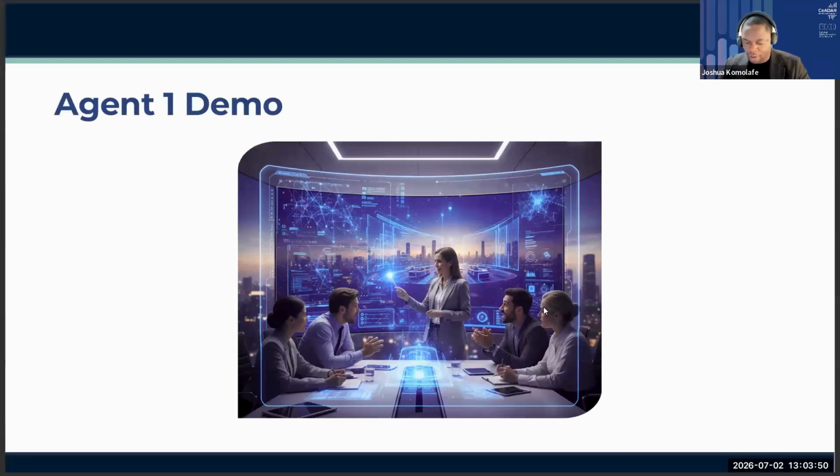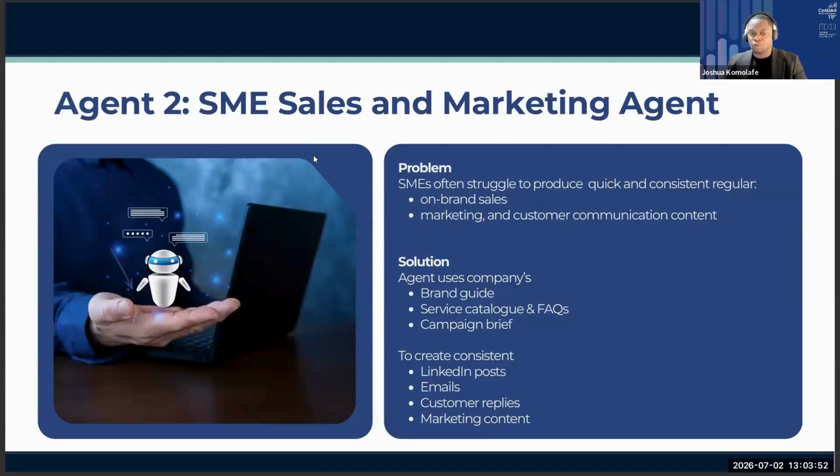So for our demo tool, this time we'll be looking at a SME sales and marketing agent. And the problem in this use case is that most times, marketing teams would struggle to produce quick and consistent, regular on-brand sales, marketing, and customer communication content or advertisement content or social media content.